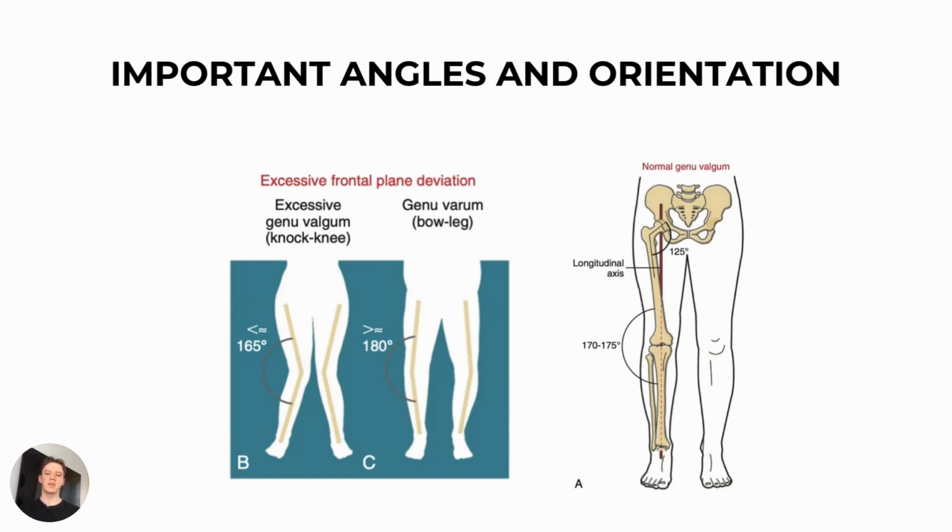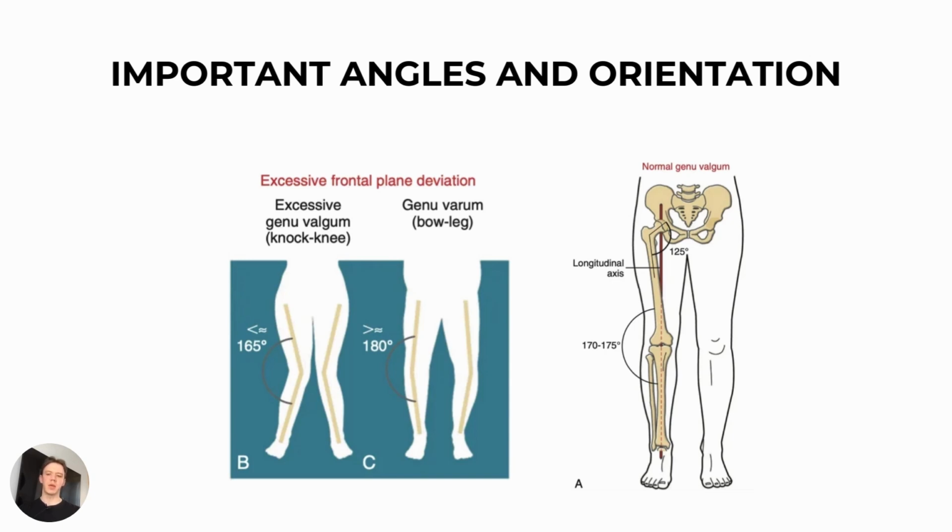Why is it so crucial? Because it isn't just random variation, it's actually quite specific. When we see angles less than 170 degrees, we're dealing with so-called excessive genovalgum, or X knees or knock knees, and for angles more than 180 degrees, we call them genovarum, or so-called bow legs or O-type knees.